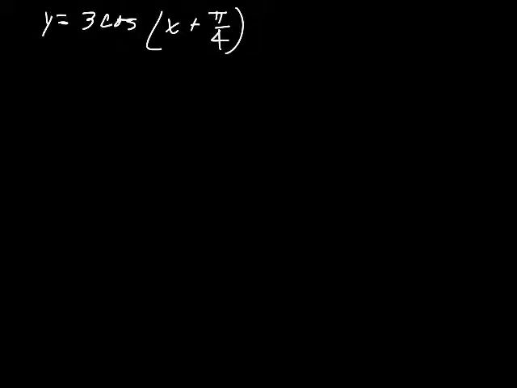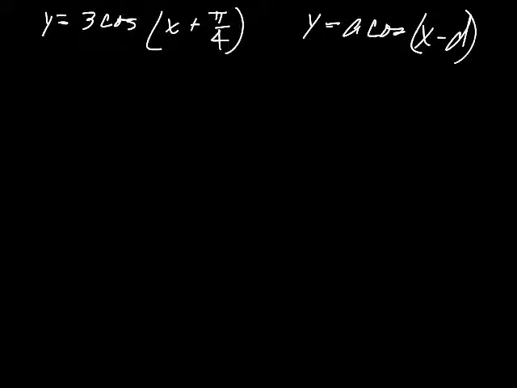Alright, so if you remember from the last video, if we're in the form of y equals a cosine of x minus d, if our d is positive, then we shift to the right. If our d is negative, we shift to the left.